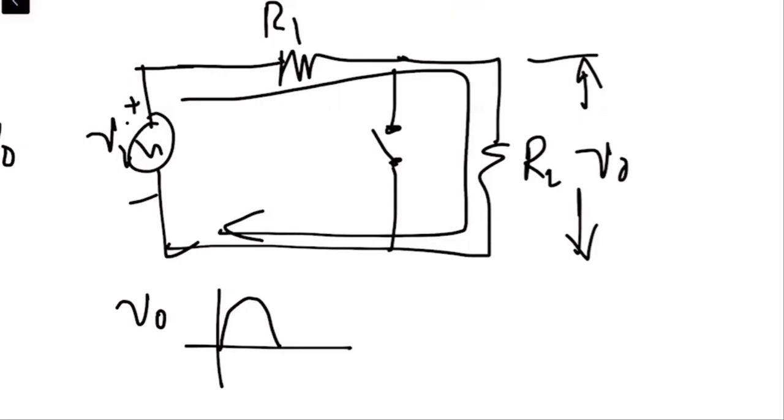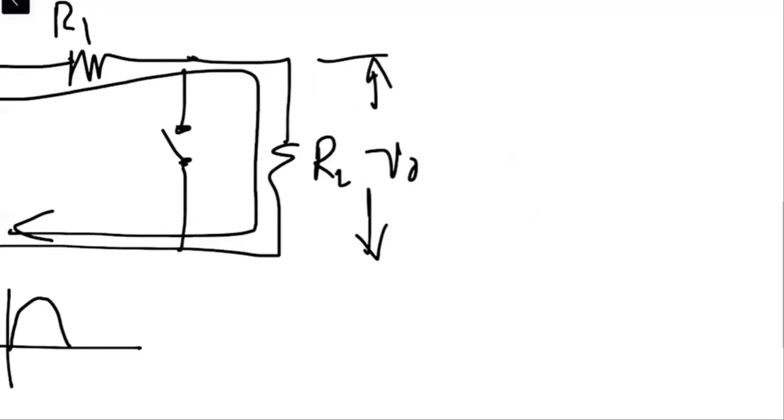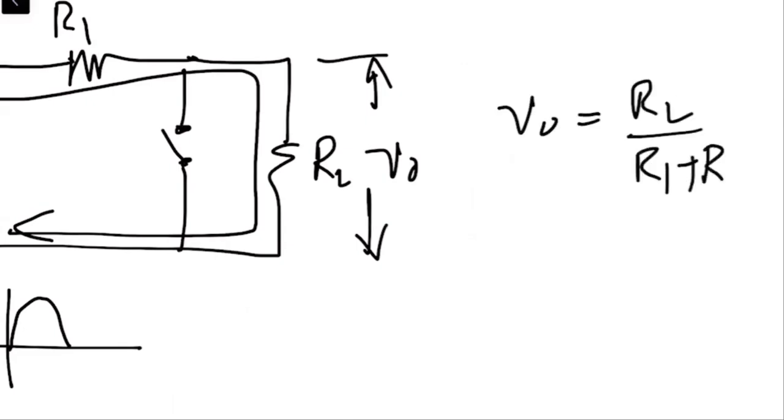You know about the voltage divider rule. The voltage divider rule is V naught equals RL divided by R1 plus RL, into Vi. Are you with me?